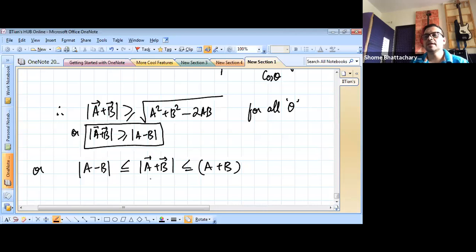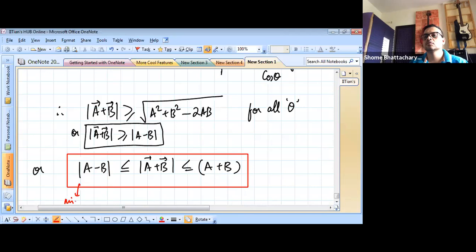Okay. So combining these two statements that we've seen earlier, now we get this equation. So this is the minimum possible value, and this happens for theta equal to 180 degrees. And this on the other hand is the maximum possible value, and this happens for theta equal to 0.